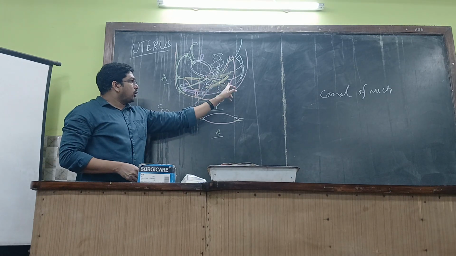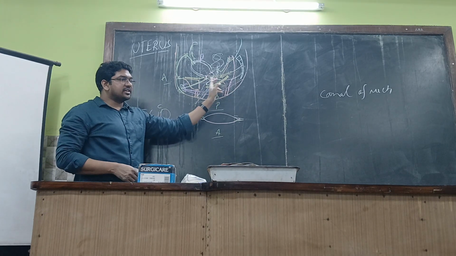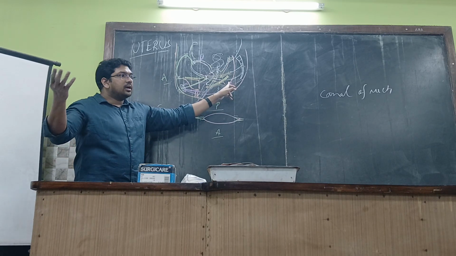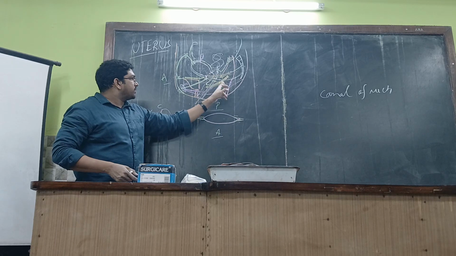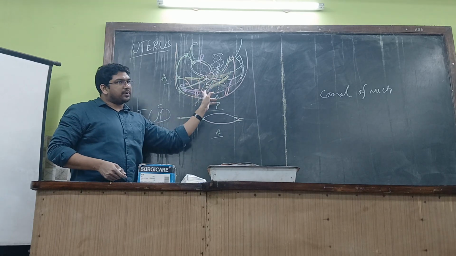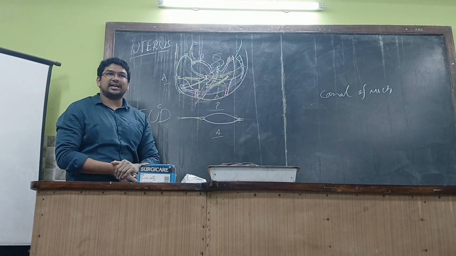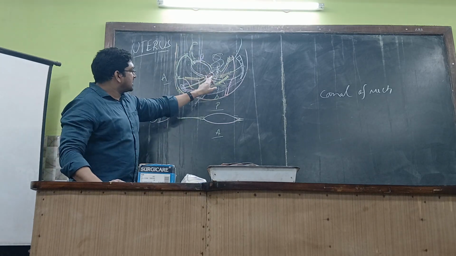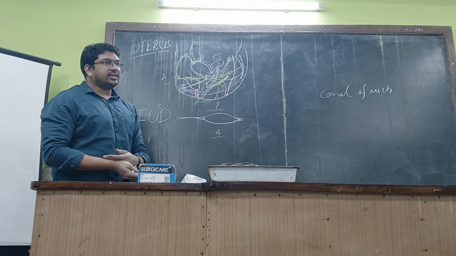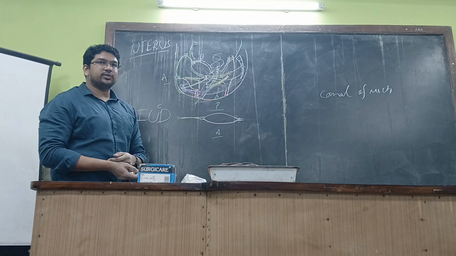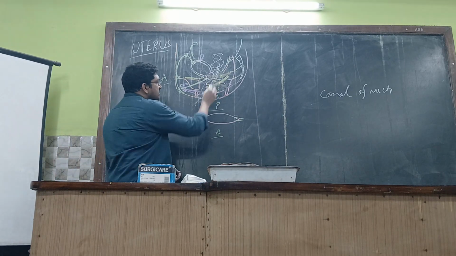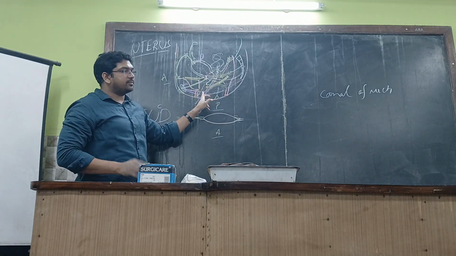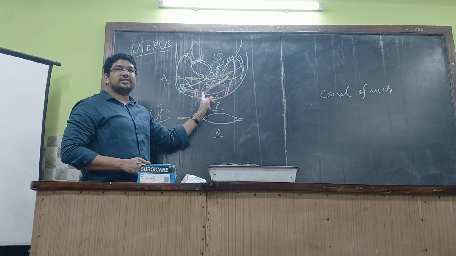Here it is very much close to the rectum, so obviously it will be supplied by the middle rectal artery, and of course the vaginal artery, and also other branches from the internal iliac artery. The uterus and cervix are supplied by the uterine artery. One more thing: whenever the uterine artery is going over here, it also gives a branch to the vagina. Getting it?